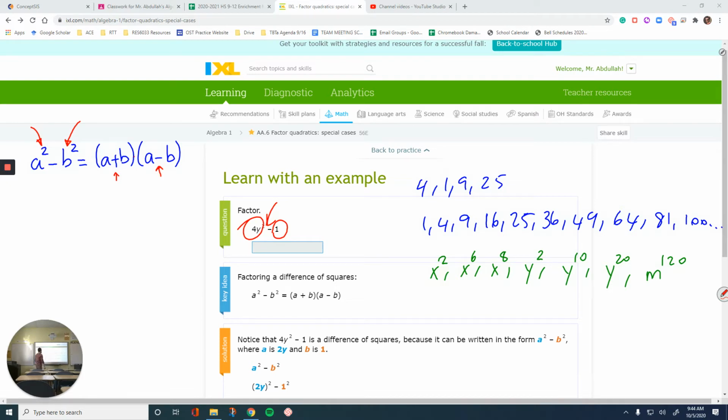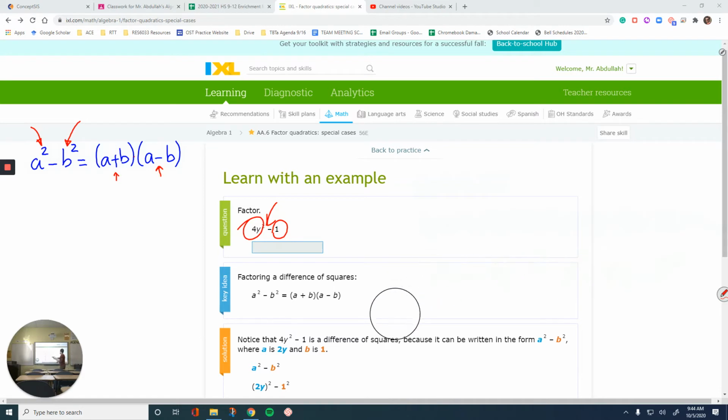Now, let's focus on the first one then. The first term, or the first square that I have, is 4y squared. What do I need to multiply by itself in order to get this term? It is 2y times 2y.